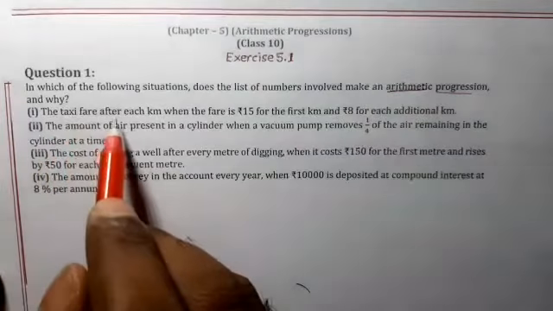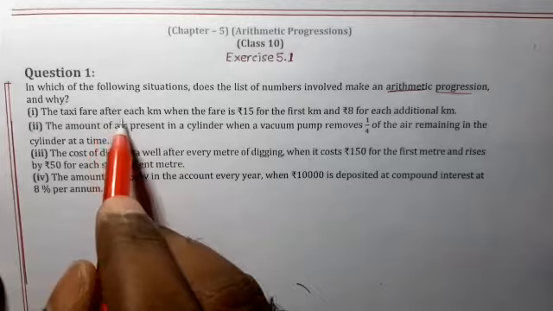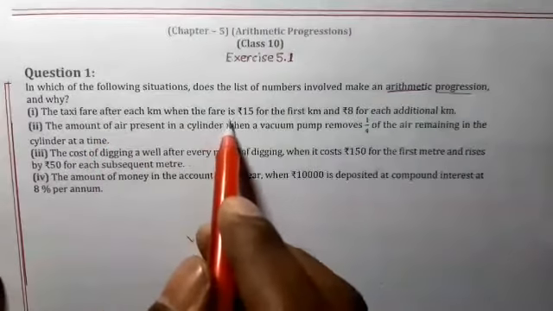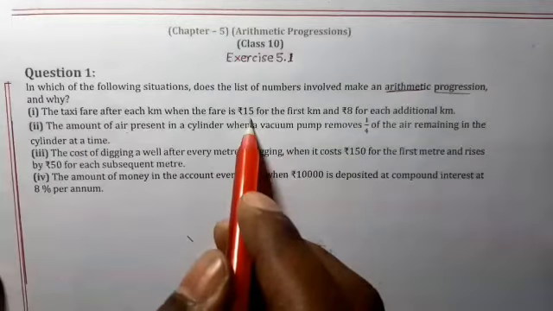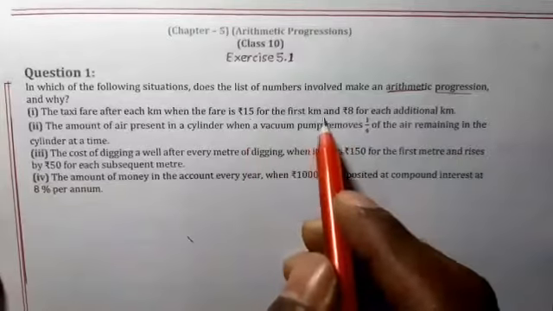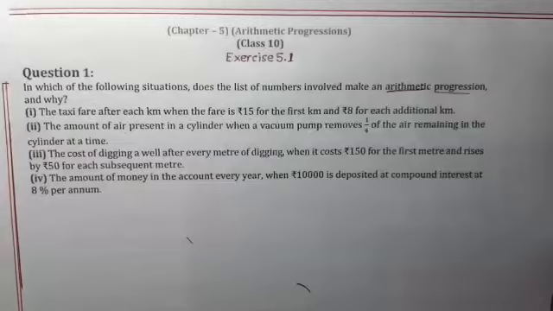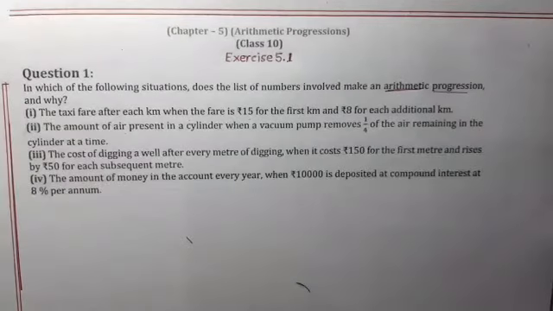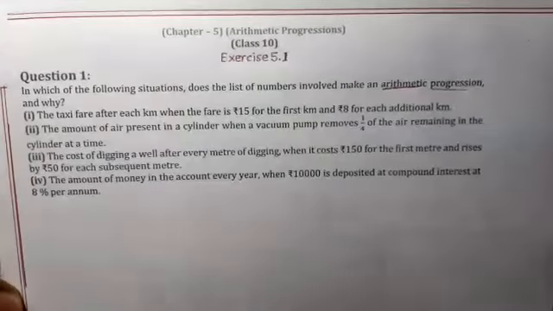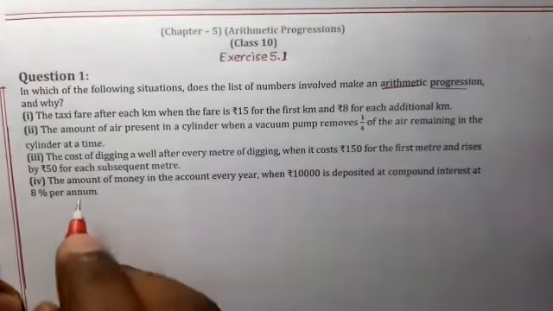The taxi fare after each kilometer, when the fare is 15 rupees for the first kilometer and 8 rupees for each additional kilometer. When we get a problem, we have to consider the given details.